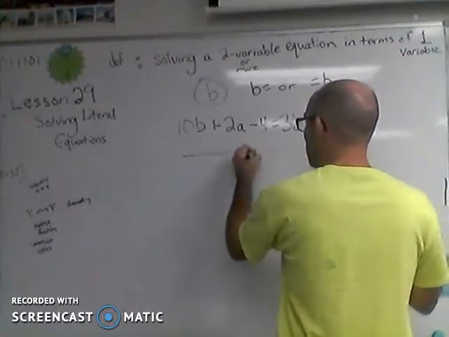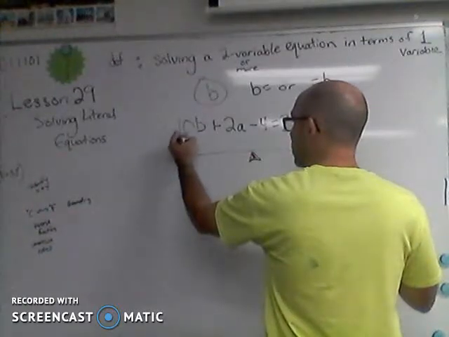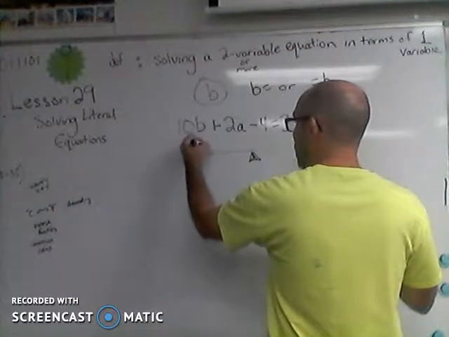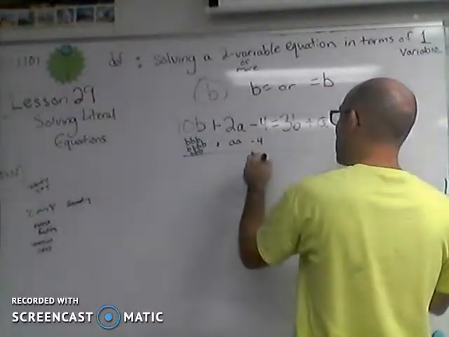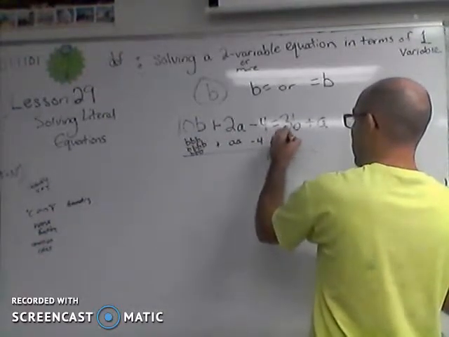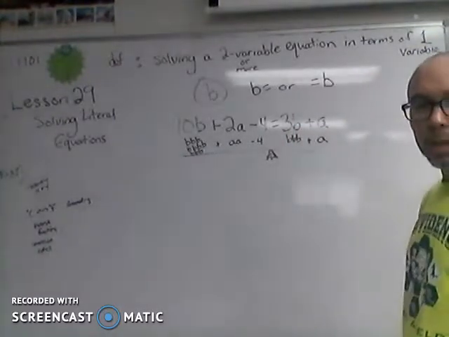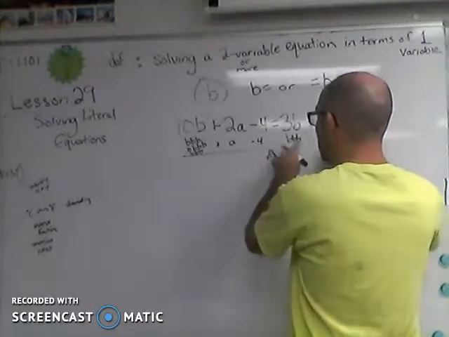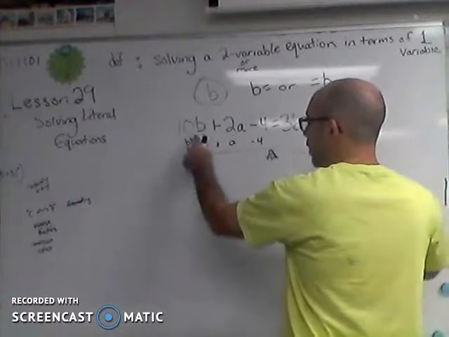I can visualize this and have 10 B's, and I can have 2 A's minus 4 being equal to 3 B's and an A. So to simplify it, let's take an A off of both sides, and let's take those 3 B's off of this side, 3 B's off of this side.